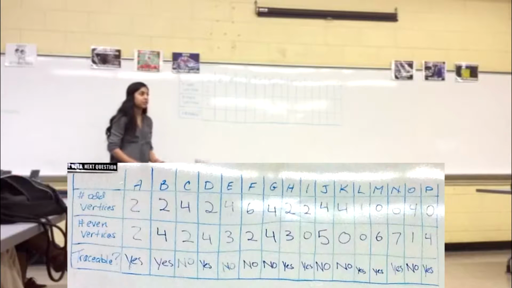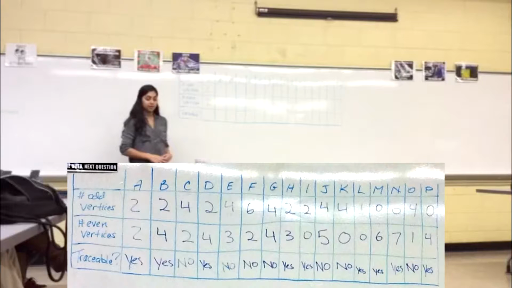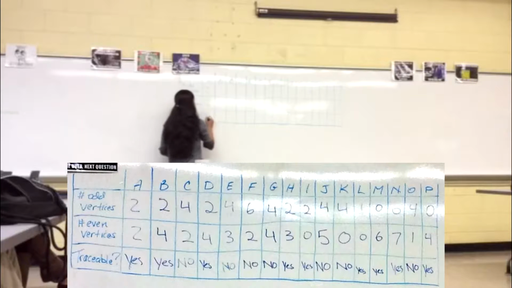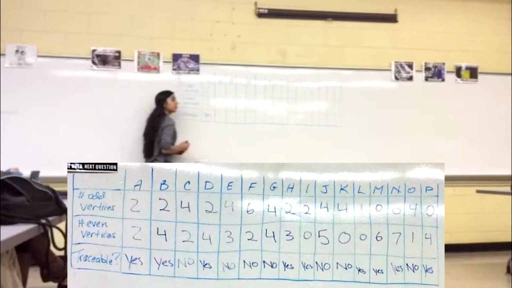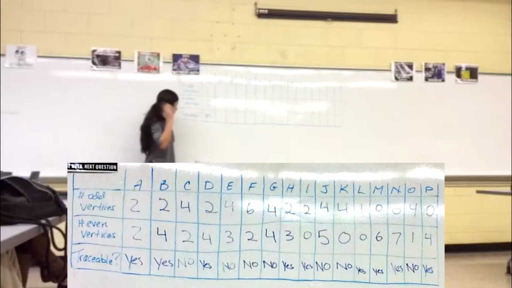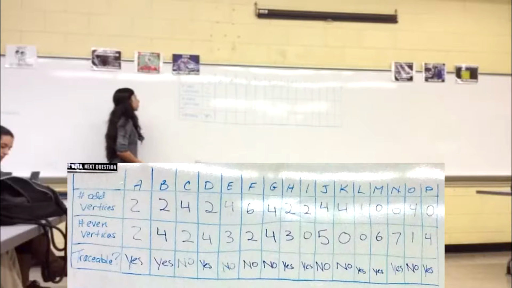How many vertices total are there in the first? 4 vertices, okay. And is it traceable? Yeah. So we're clear on odd and even vertices. You're looking at the first image, A, and you're looking at the top right corner. Is that an odd or an even vertex?